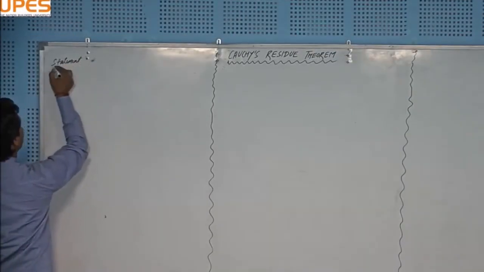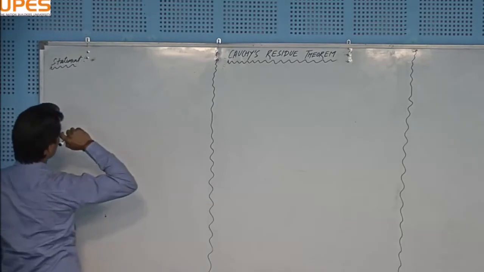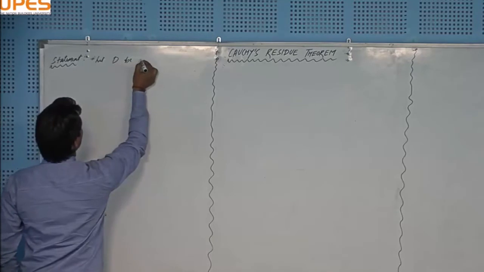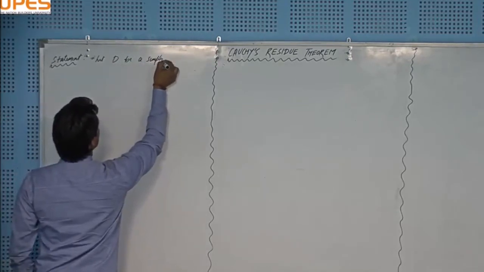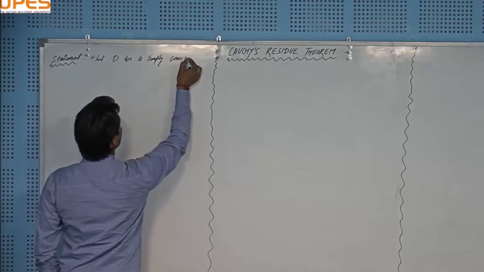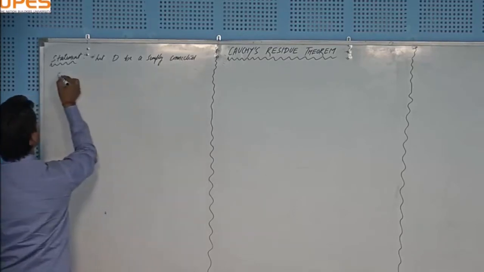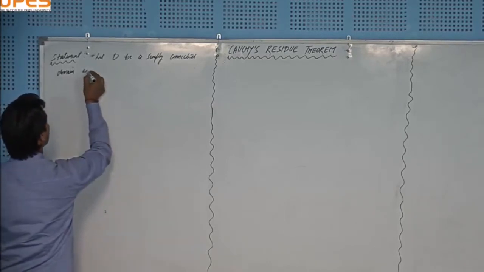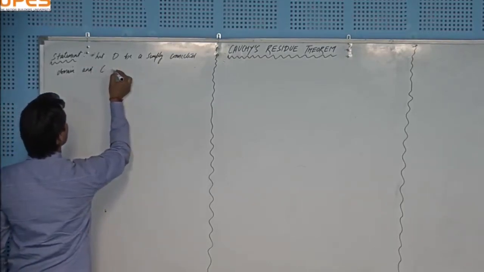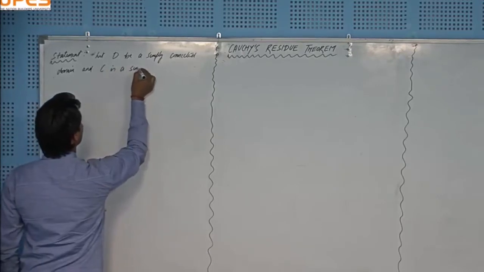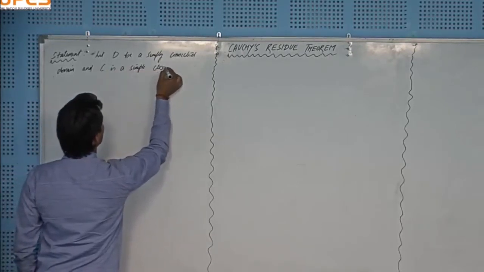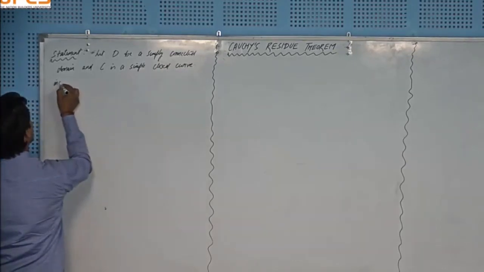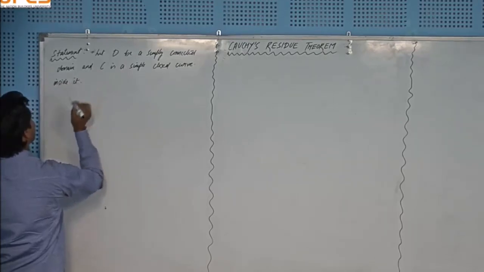The statement: let D be a simply connected domain and capital C is a simple closed curve inside it.